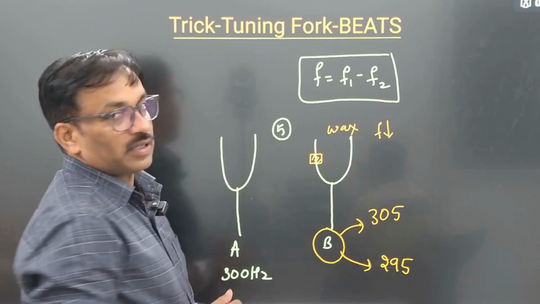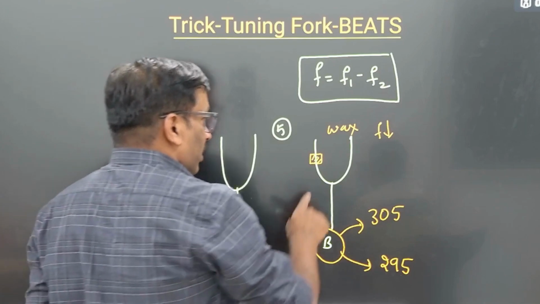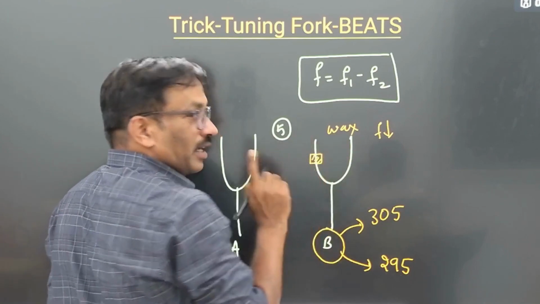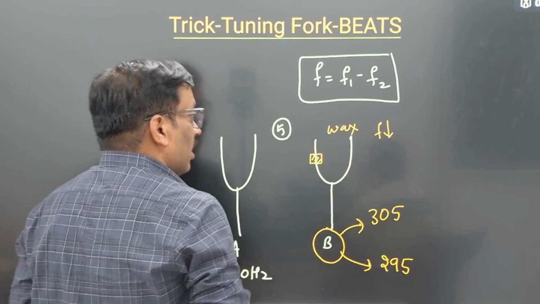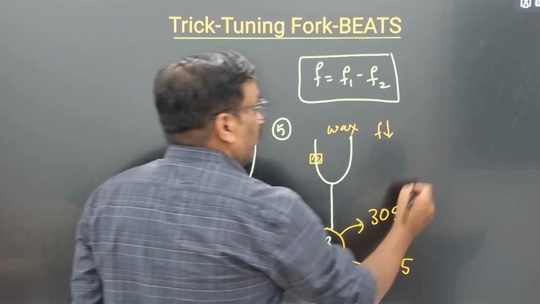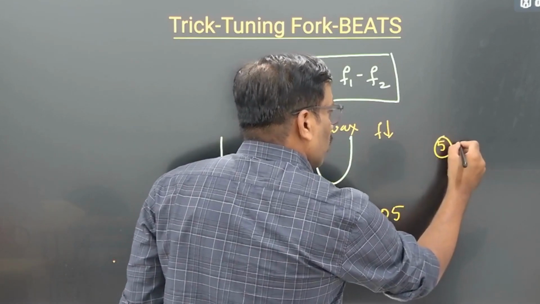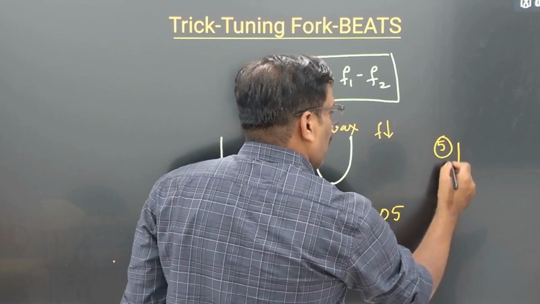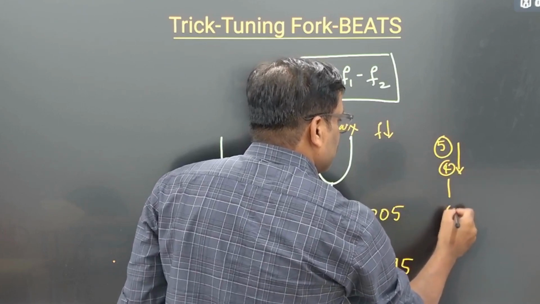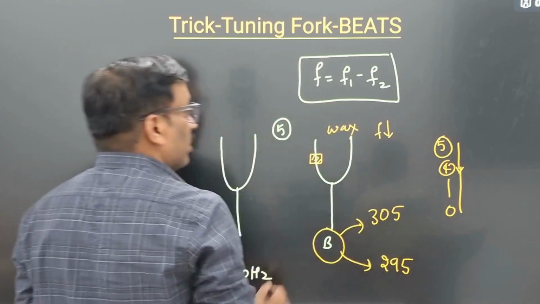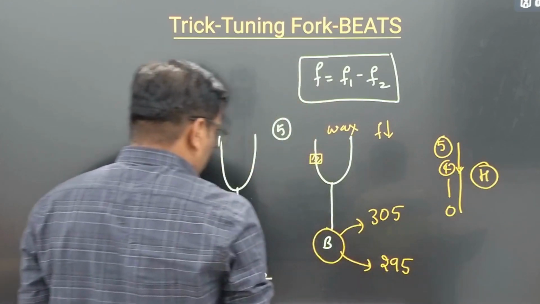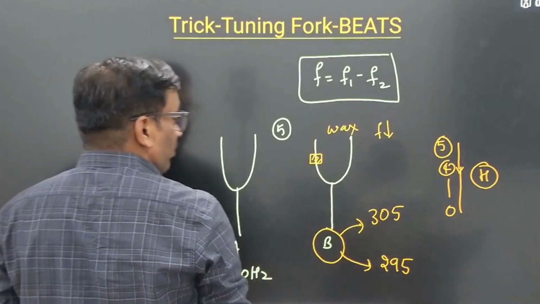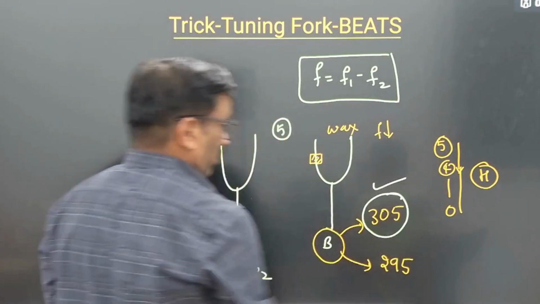Listen clearly. If you are decreasing the frequency by adding wax, and again when sounded together you get 5 or lower than 5, like 4, or even up to 0, then the frequency of your tuning fork is the higher one.